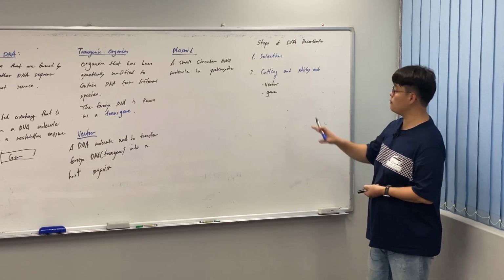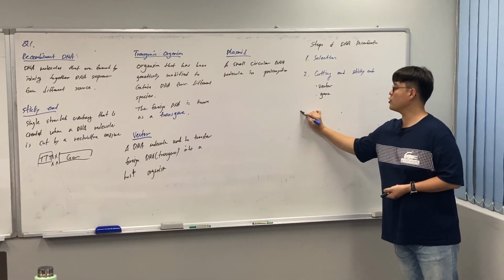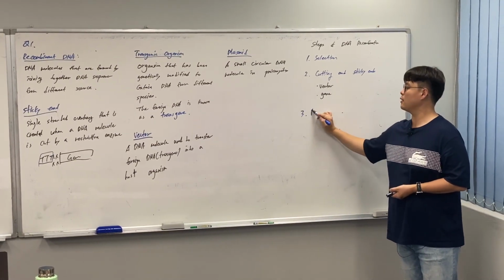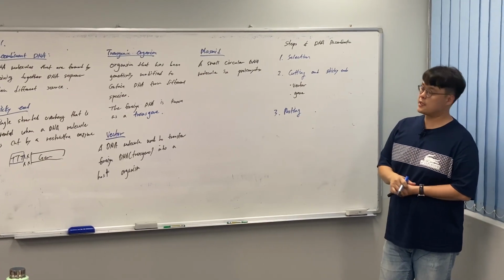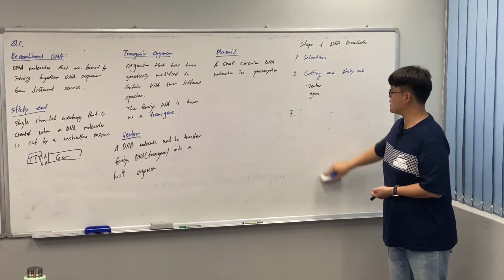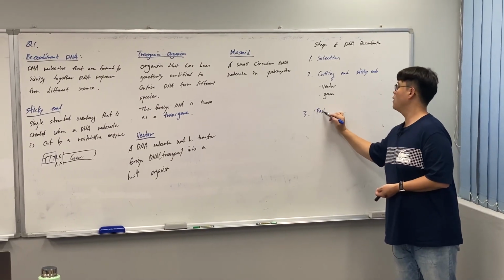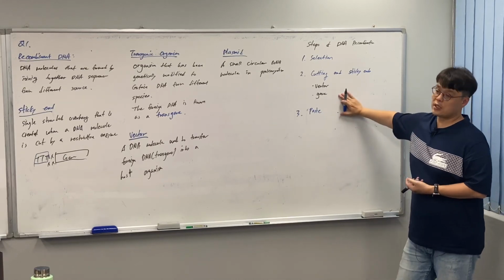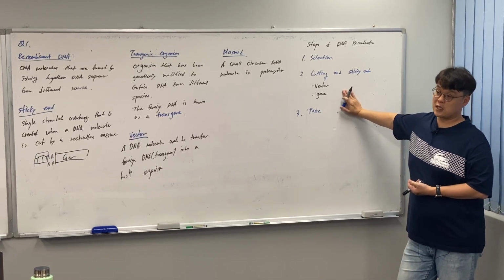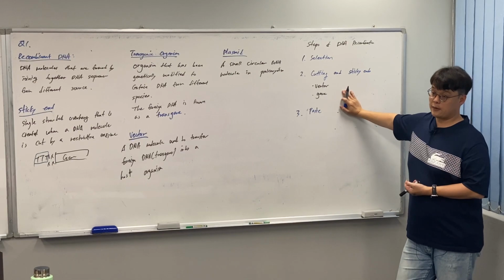Does that make sense? The second part. 3. After you cut, you paste. Just say paste. Cut and paste. Paste the gene, which is with the sticky end part, to the vector sticky end part. Okay, and then what do you do after?